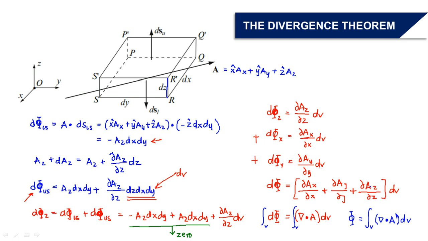And umaalala natin doon sa ating discussion with the closed surface integrals, no? We know that the same amount of flux through this surface is also equal yan sa the closed contour integral, closed surface integral ng vector A to the surface.